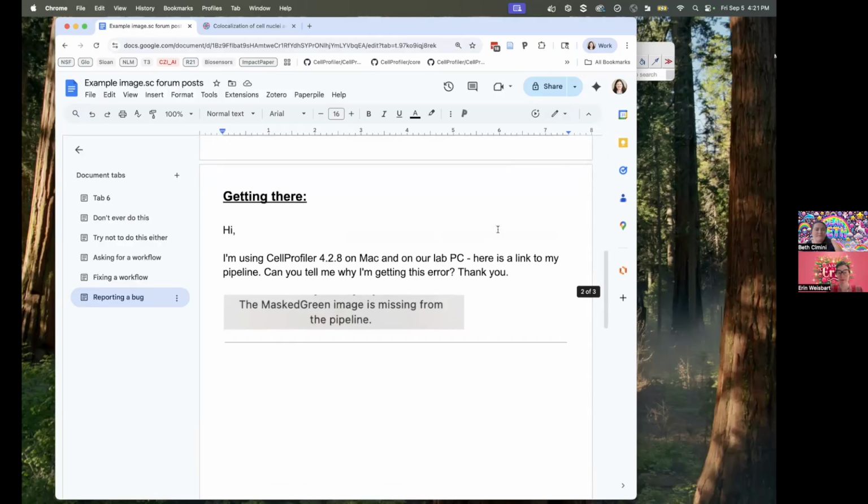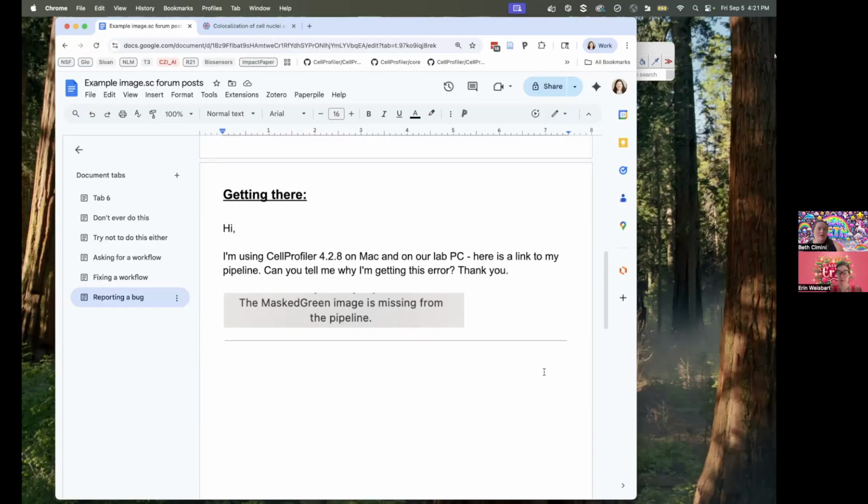So it can be better to say, hey, this is the version of CellProfiler I'm using, this is the operating system I'm using, and I'm getting this specific error. Can you help me figure it out? This is already so much more information, and depending, maybe that could help you.